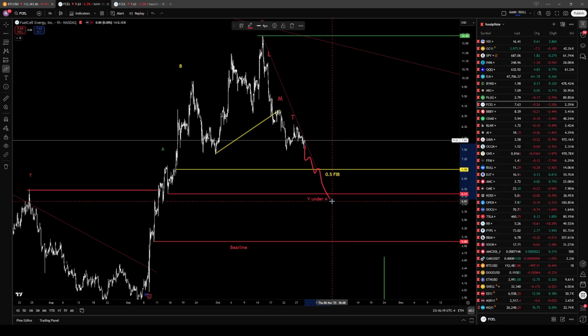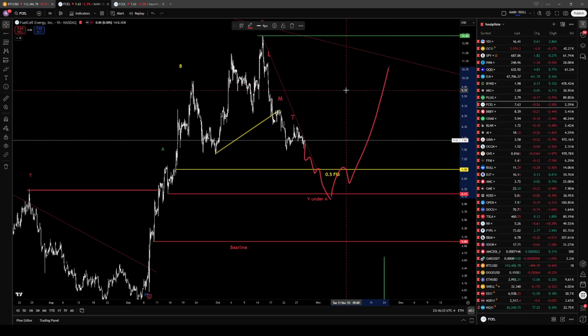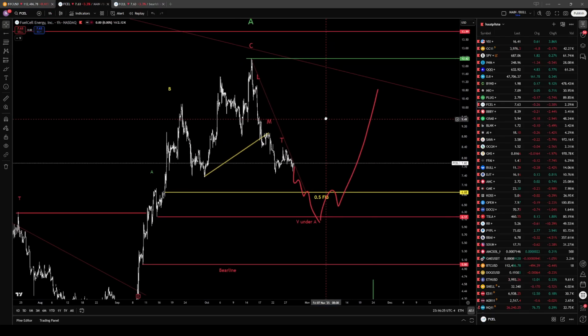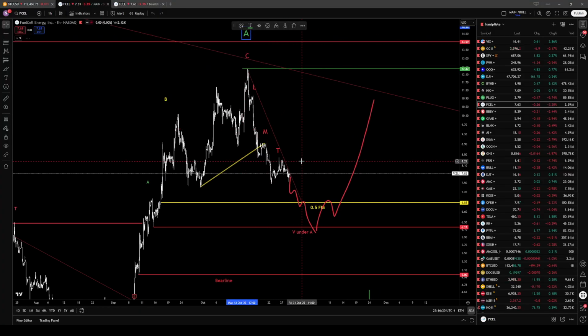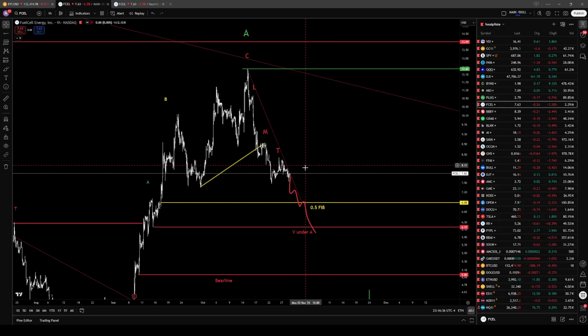We get our bounce at 617, higher low. Then we go. Because it's not B, I wouldn't expect a bounce at a 0.5 fib, but I always have the alternative for this.